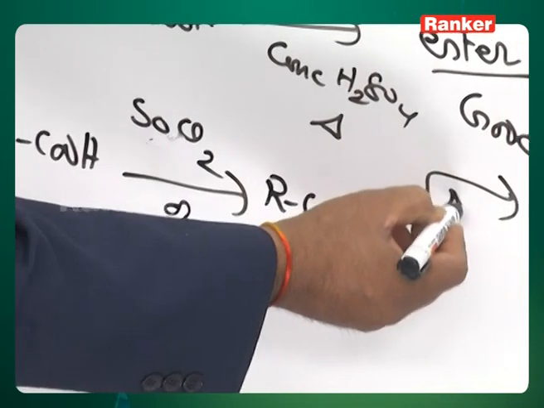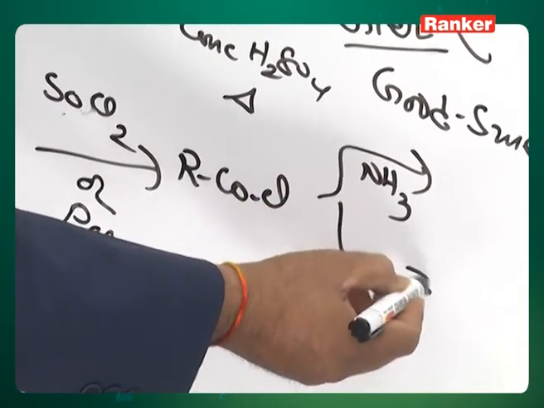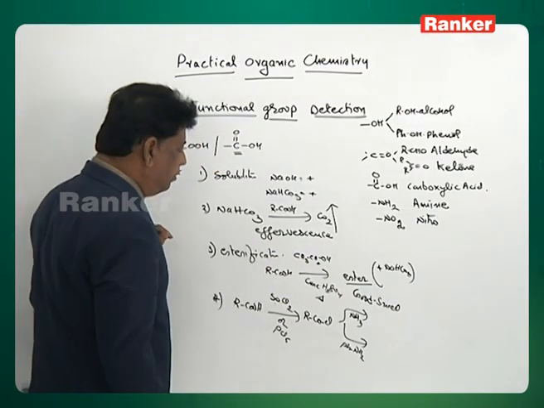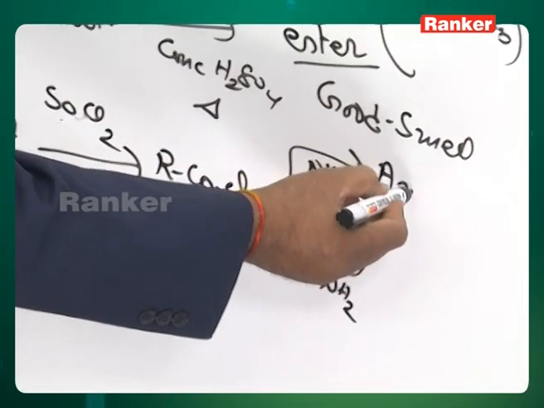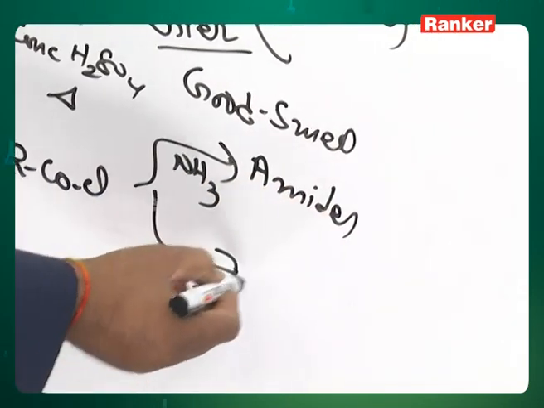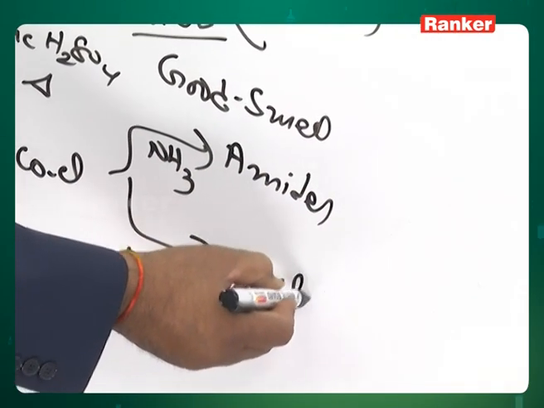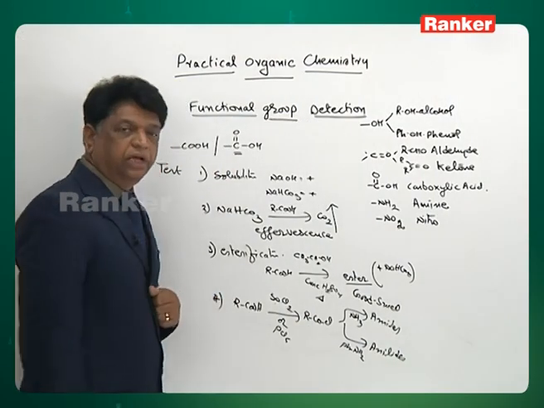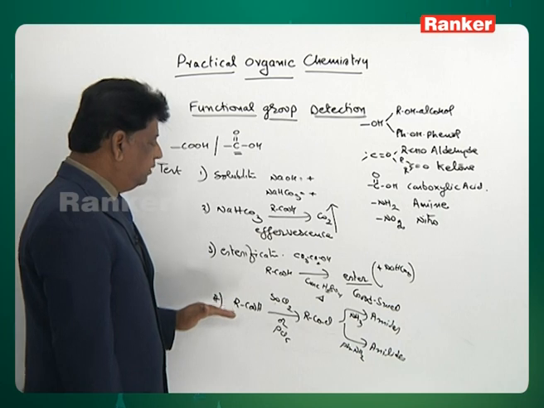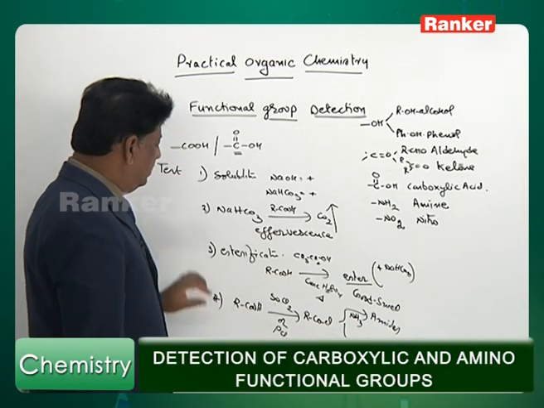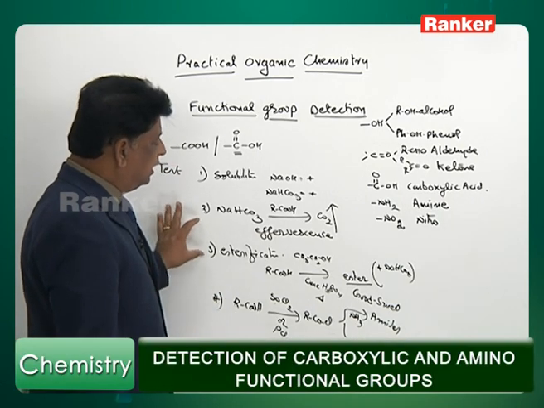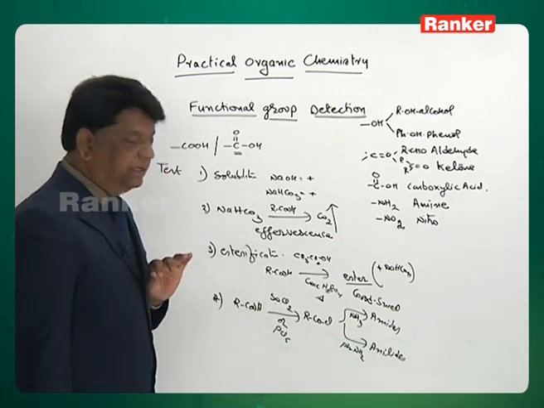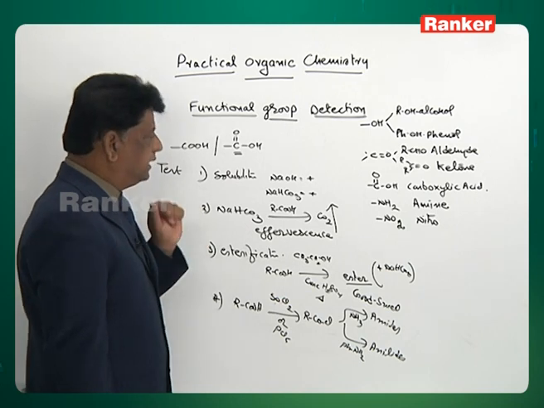Then you add either ammonia or aromatic-substituted ammonia, anilines. With ammonia they give amides, whereas with aniline, anilides are formed. These are actually derivative preparations, thereby confirming the carboxylic acid functional group at a higher level. You can do this, but the esterification test can be done very simply. Liberation of carbon dioxide is also one of the simple tests for the carboxylic acid.